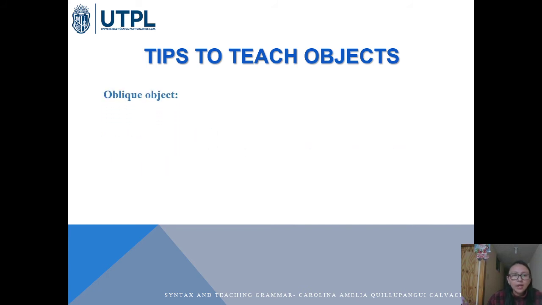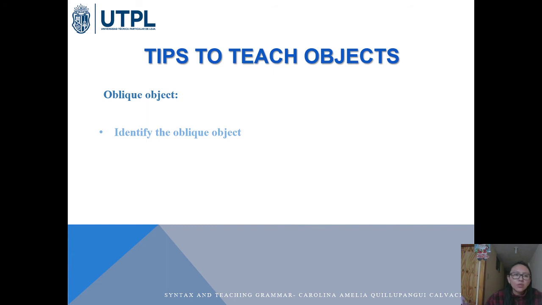The oblique object is a little bit more difficult, but not too much. Identifying the oblique object is basic when you teach grammar, because you need to make the students identify the parts of the sentence.